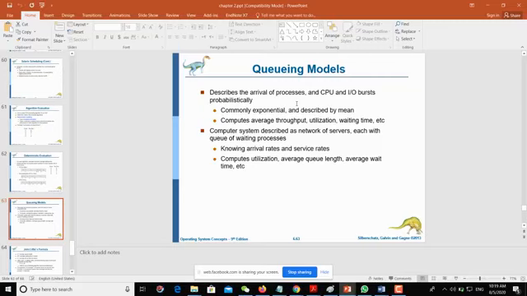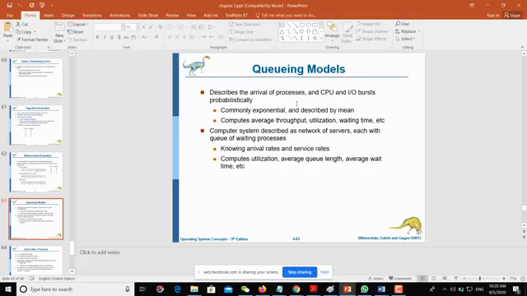The IO burst means the time a process takes to use input output devices. Commonly exponential and described by mean, which means the calculation is exponential and described by mean.